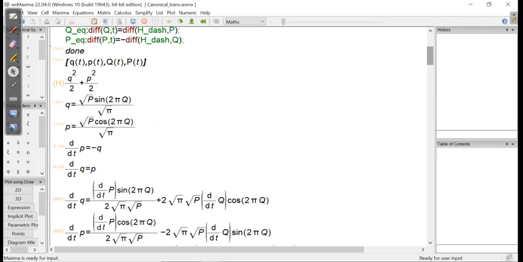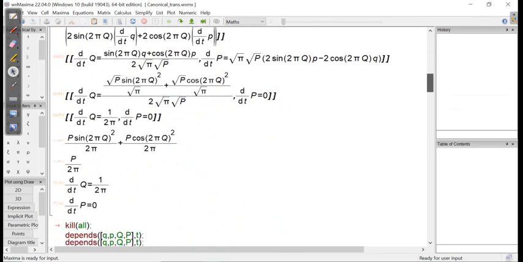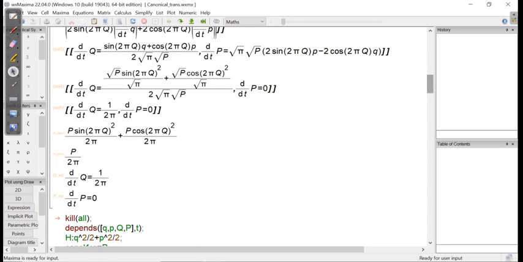When you use this transformation and do the simplifications, you will find that the new Hamiltonian H dash will be in terms of P capital over 2 pi, which is very, very simple, without any squares and so on. So the new equation, which is dQ by dt, will be equal to 1 over 2 pi. Hence Q capital, the solution for Q capital, will be equal to 1 over 2 pi multiplied by time. And since dP by dt is equal to 0, hence P capital is conserved.